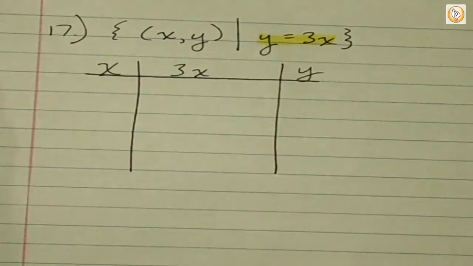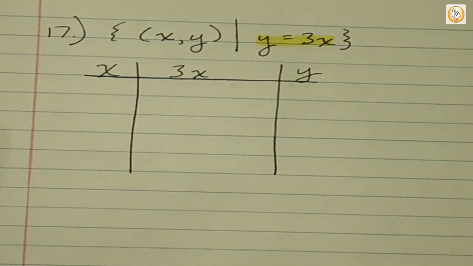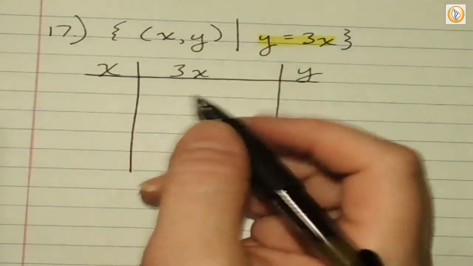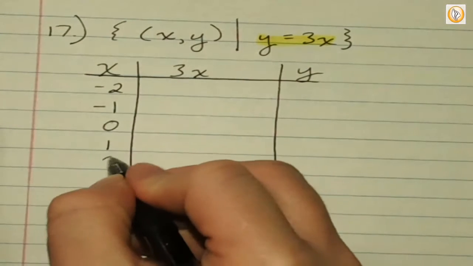Now, I'm going to choose my go-to. Unless you've got a fraction, like a third or something in the equation, you've got to choose multiples of 3 or something to help you out. I always have my go-to numbers: -2, -1, 0, 1, and 2.